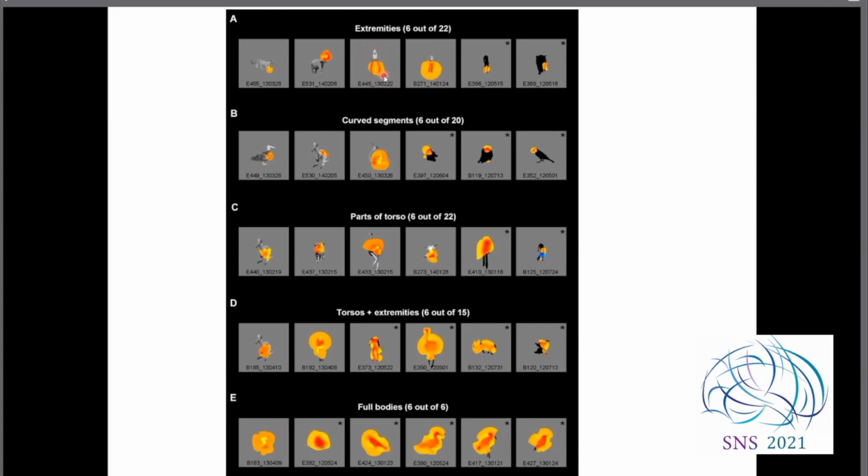Some cells were responding to curved boundary segments, which are parts of bodies, but sometimes also part of a non-body, as you can see here. Few of the cells required the full body to get a response. The large majority of the cells in MSB were happy with only parts, and most of them preferred extremities.